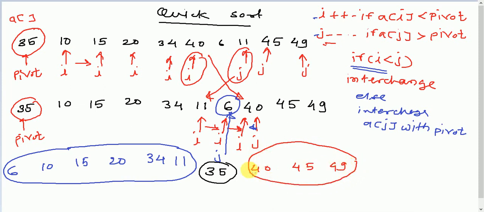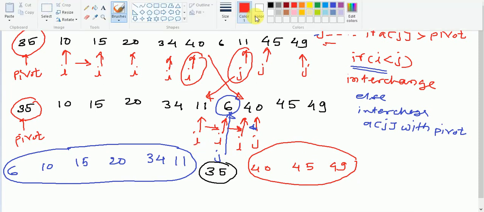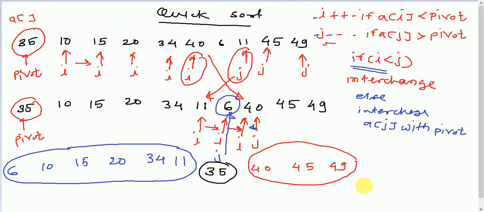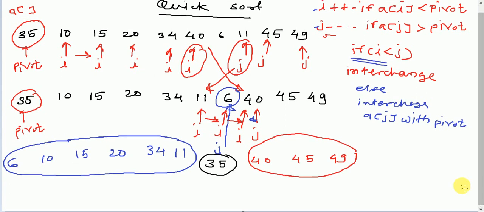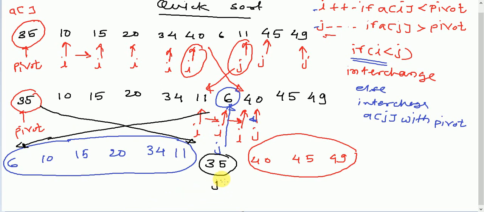These are two separate arrays that we are getting, and we are getting 35 at its right place. Here basically this is the position where we have interchanged 35 and 6, right? So 35 is at the right position, and this is my jth position.